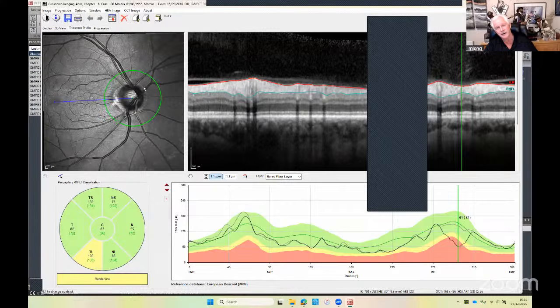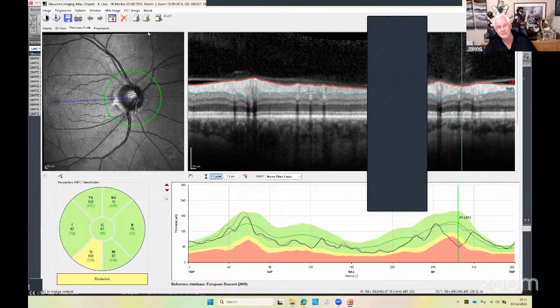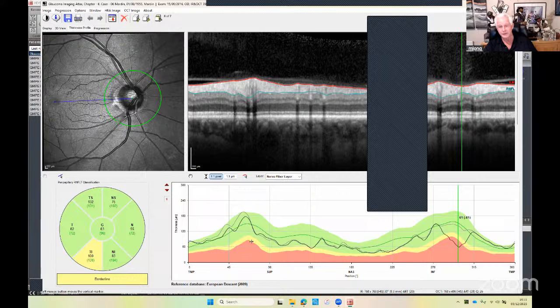Now, finally, after 6 exams, we're flagging up over here with a borderline problem. But we knew this 3 exams ago. Yeah. Thank you for showing that. This is what I really wanted people to see. For me, it's really important that you all look at the profile if you're looking for early signs of glaucoma change, because that's where you're going to see it.